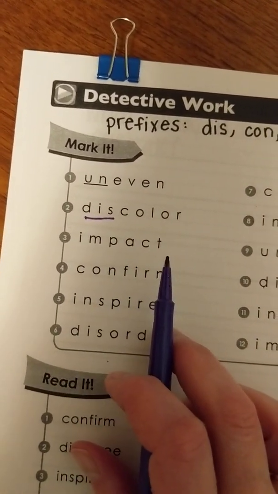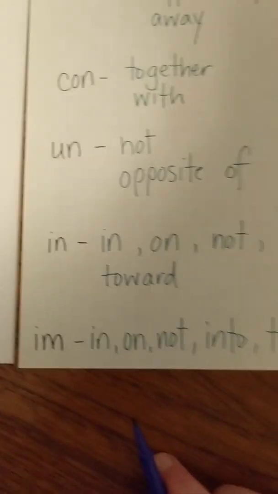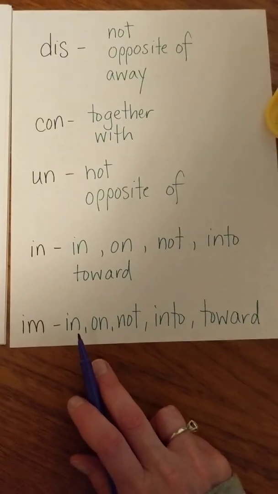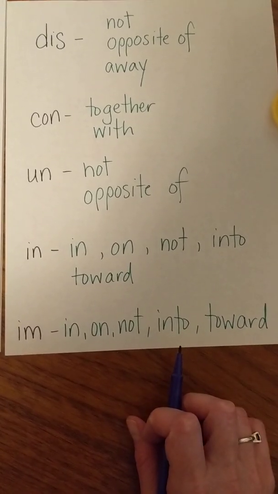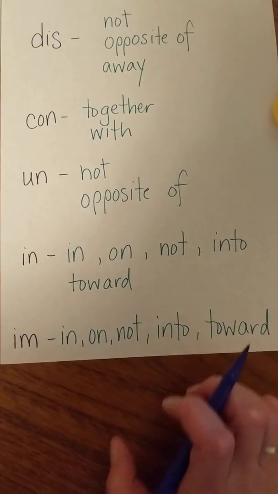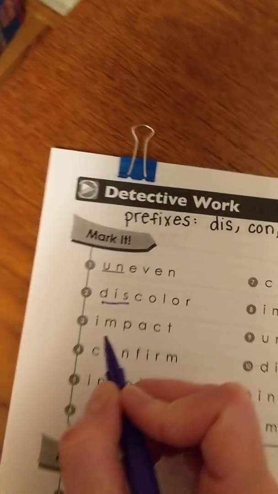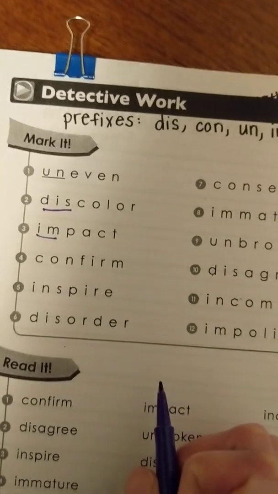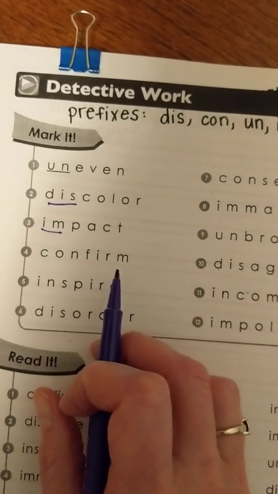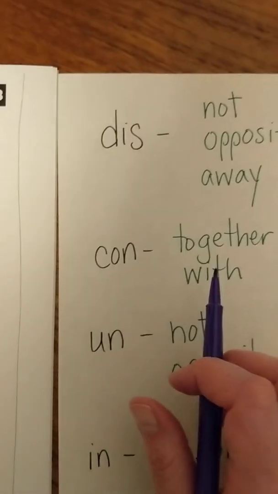Impact, impact, okay? So im can mean in, on, not, into, or toward, okay? So impact means that something pushes in on it, okay? So that im is our prefix, and it means that something pushes in on it. Okay, confirm, confirm.